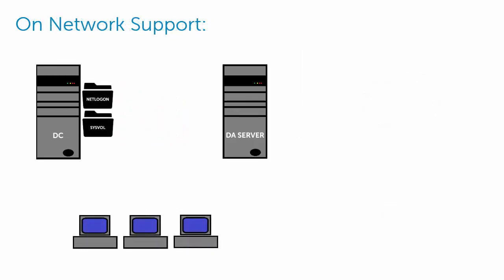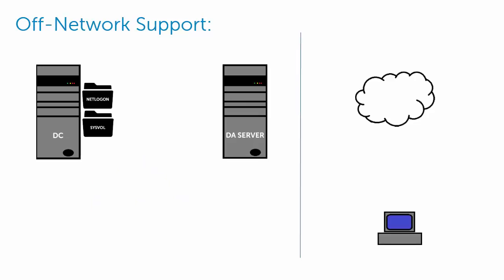Here is a basic view of how Desktop Authority replication works without off-network support. Configuration settings and other necessary files are replicated into shares located on the domain controllers. When Desktop Authority runs on a user's machine, it accesses these configuration settings from shares located on domain controllers.